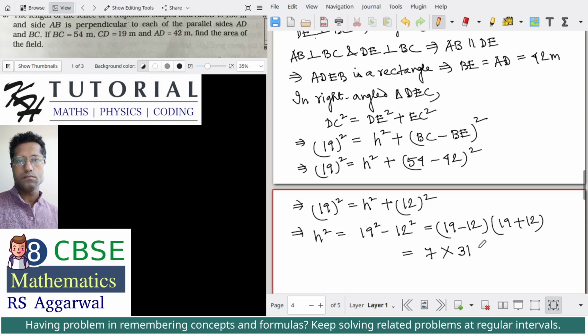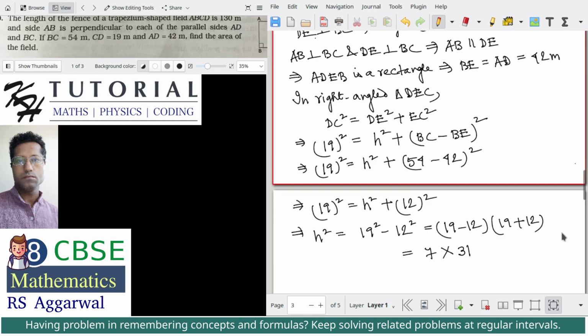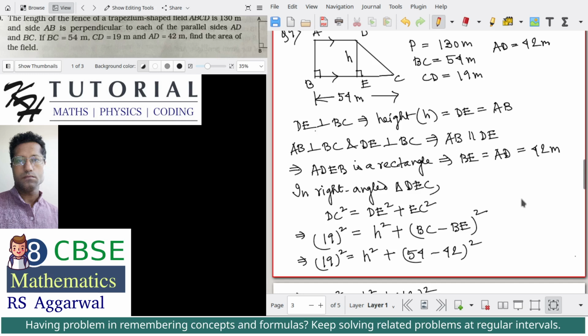H square is not coming to be a perfect square. 7 into 31 is not a perfect square. Let me see if I did the calculation correctly or not.